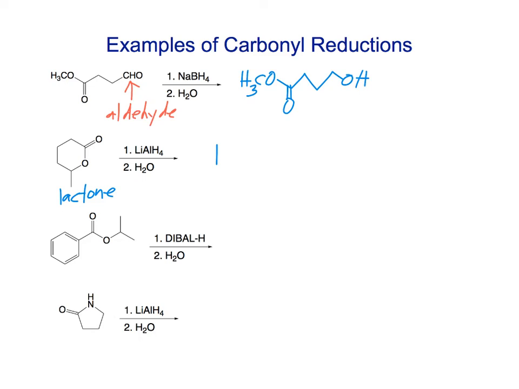We get two alcohols. If it's a cyclic one, the carbonyl is going to be reduced to an alcohol like this, and the other oxygen just remains like that. So we've reduced it and we get our diol. In this case, the two alcohols are connected because it was in a ring.